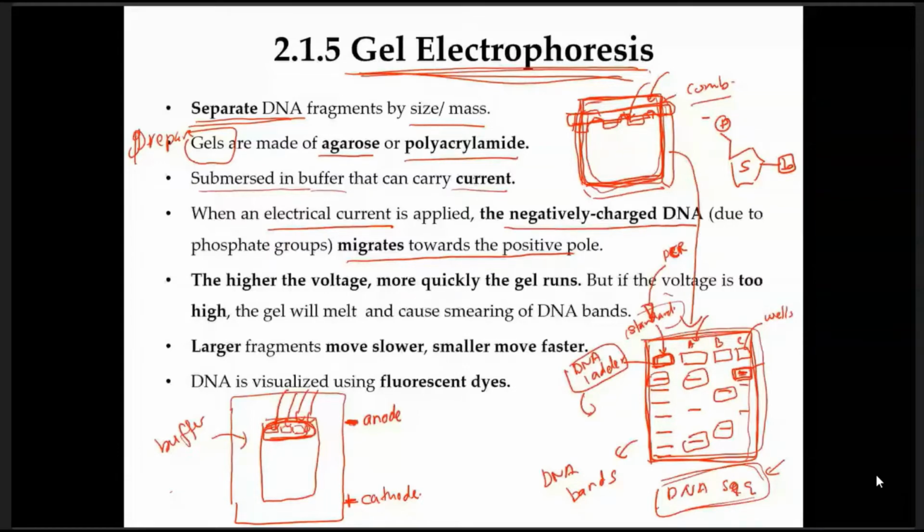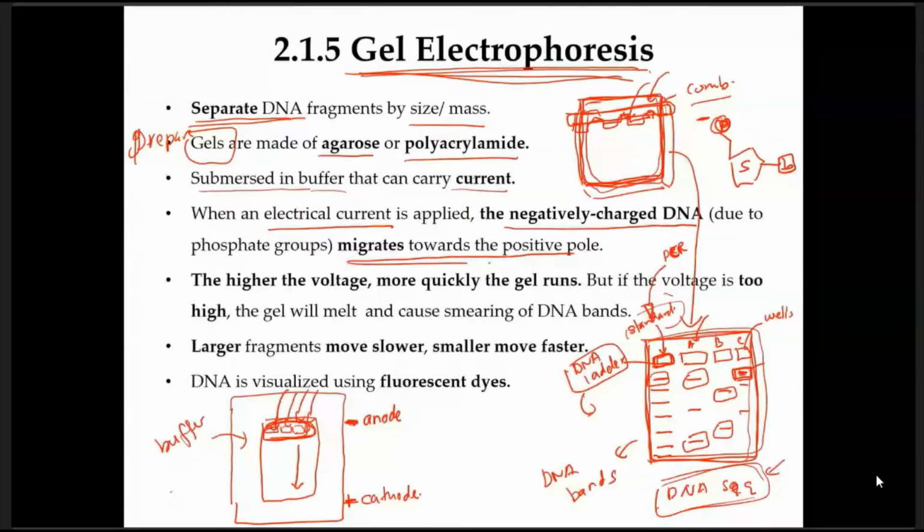Due to the presence of phosphate that is negatively charged, because in the aqueous solution, it is ionized. So, DNA bersifat negatif. RNA pun dia bersifat negatif lah. Okay, so bila dia bersifat negatif, when you run the current, you want the DNA, your genetic material, to run towards positive. Dia akan pergi kepada positif. Daripada negatif, attracted to positive. Migrates towards the positive pole.